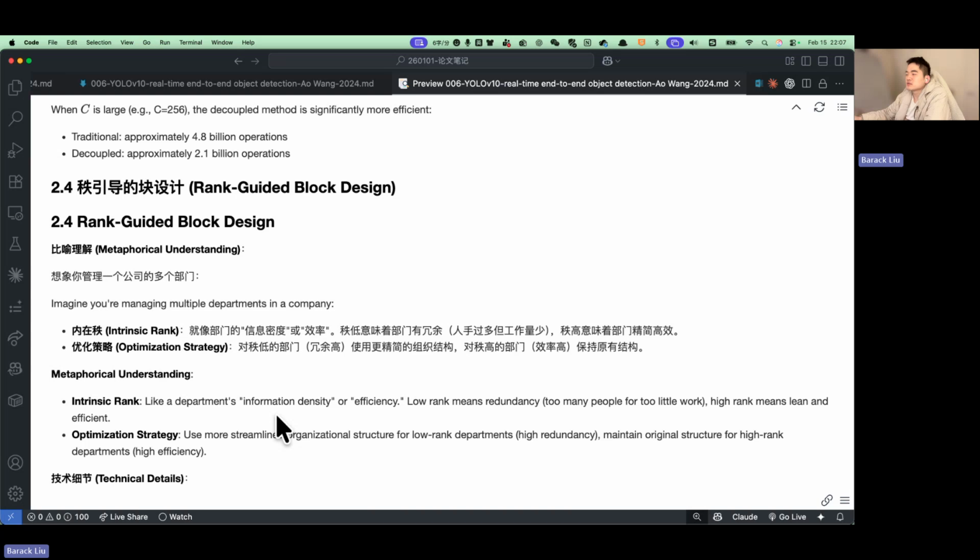High rank means lean and efficient. So the optimization strategy is to use streamlined structure for low rank departments, which have high redundancy, and maintain original structure for high-rank departments, which have high efficiency.